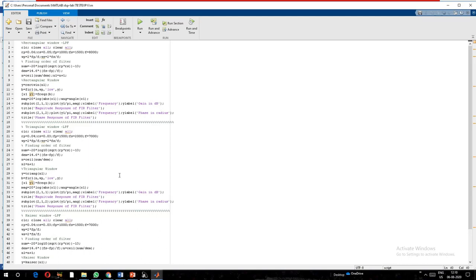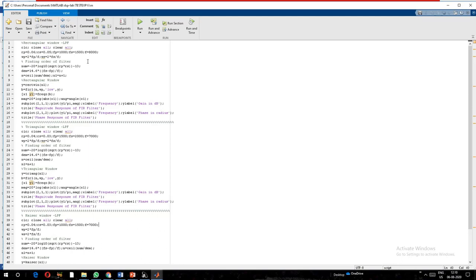Similar to that of IIR and Butterworth, we have specifications like passband ripple, stop band ripple, passband frequency, stop band frequency, and sampling frequency. The specifications are: passband ripple 0.6, stop band ripple 0.5, passband frequency 100 and stop band frequency 1500.